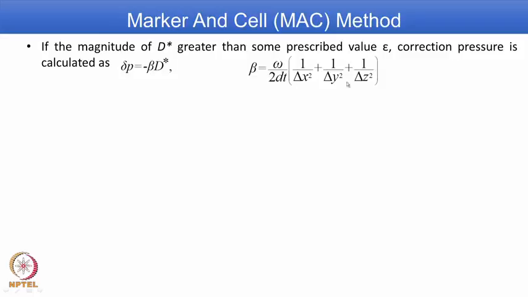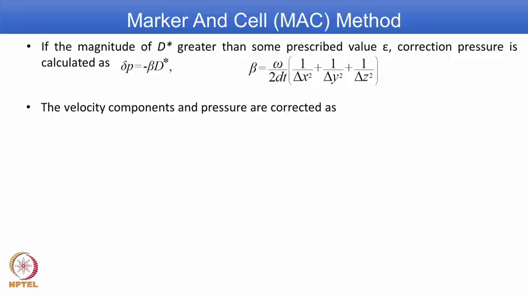Beta is defined as shown here: omega by 2 delta t times 1 by delta x squared plus 1 by delta y squared plus 1 by delta z squared. Now, omega in this case is what is known as a relaxation parameter. We will talk about the relaxation parameter later. Once you calculate beta, because all the quantities are known, then you can calculate delta p. Delta p is a change in pressure or correction in pressure.